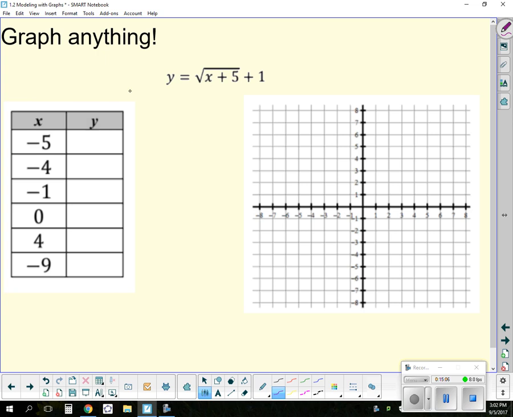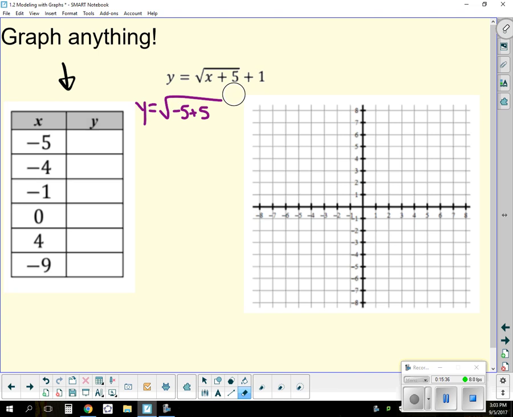So previously, we were able to graph using a t-chart. Using an x and a y column, you can choose any x values, plug them in to an equation, and figure out the y value. So if we take -5 and plug into our equation, we're going to plug it in for the x. So we would have y equals the square root of -5 plus 5.